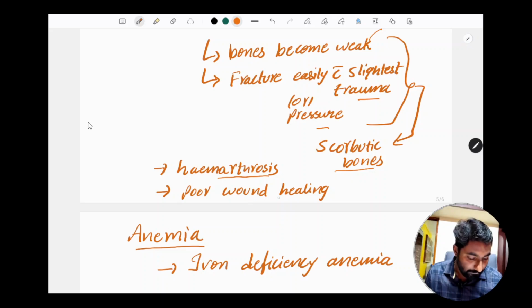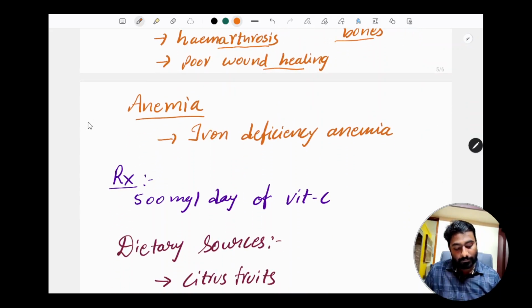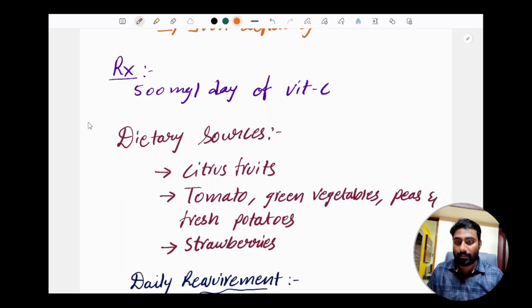Vitamin C deficiency also causes poor wound healing. Since vitamin C helps in iron absorption, any deficiency will lead to iron deficiency anemia. Now, what is the treatment for deficiency?